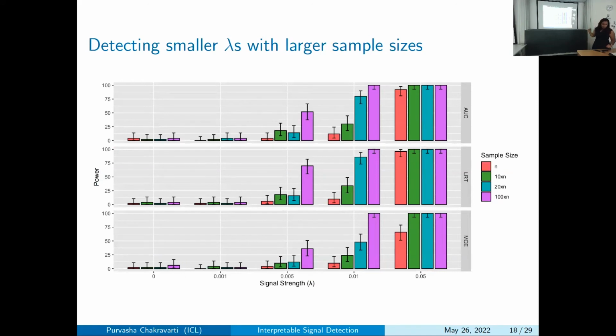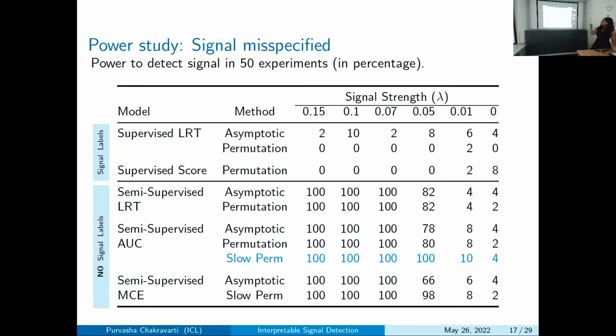And then we did a couple more experiments. If you look at this table, you see that the lowest we have gone to is 0.01 signal strength, so that's 1% signal. And even in that case, we don't really have that much power. One of the comments we got from the physicists was that the particle physics data sets they are looking at generally have much smaller signal strengths, like 10⁻³ or 10⁻⁴.